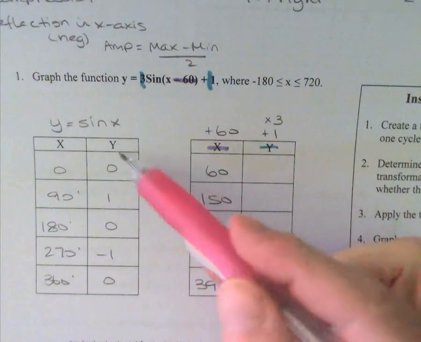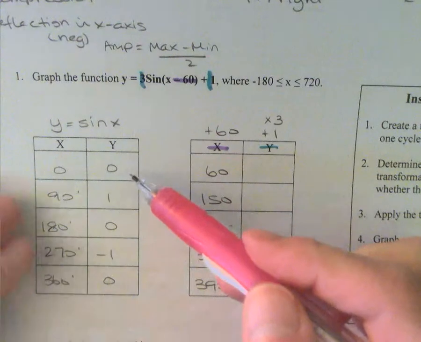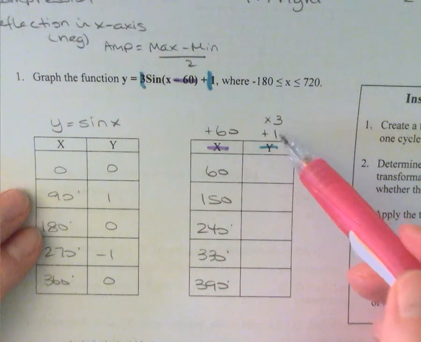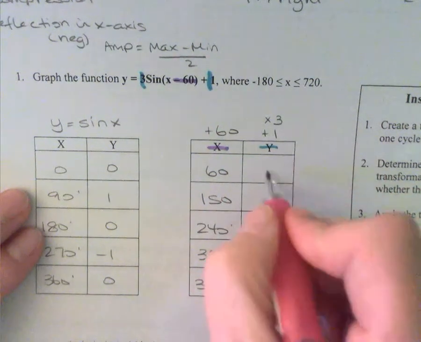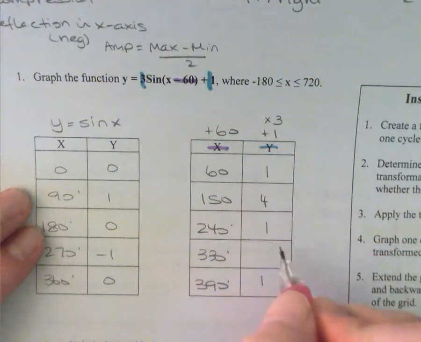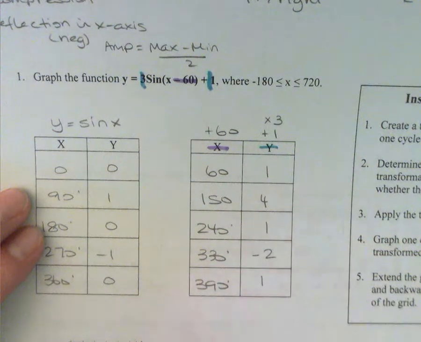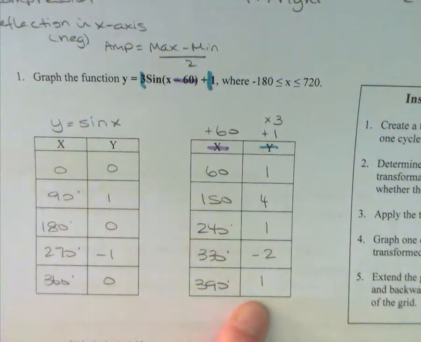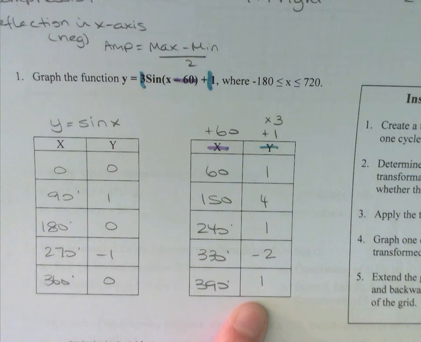Now I'm going to take these values in y, multiply them by 3, and add 1. So all the zeros will become 1. This will be 4, and this will be minus 2. So this will give me one cycle of the graph, and then I can pattern to get the others.